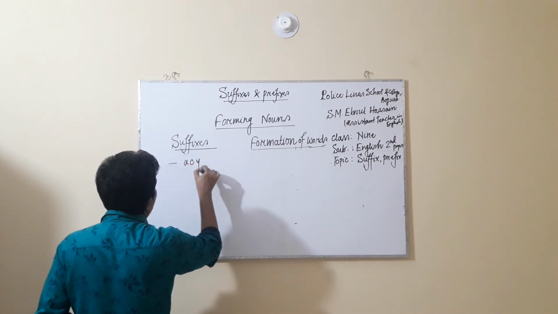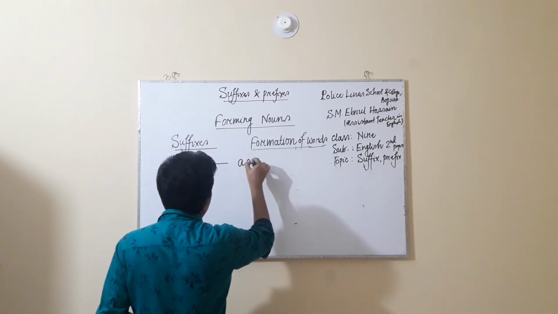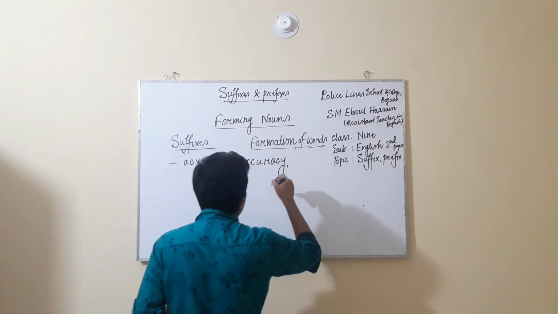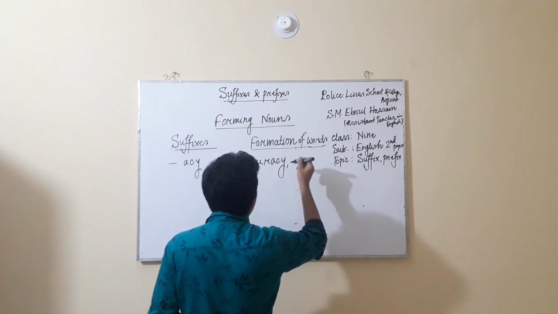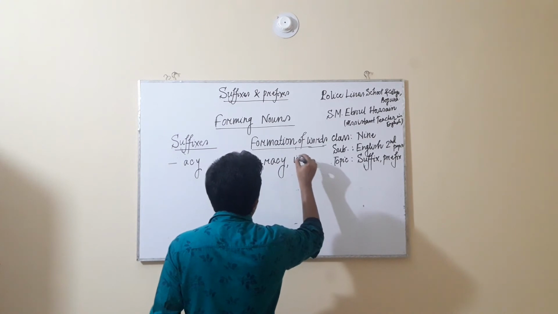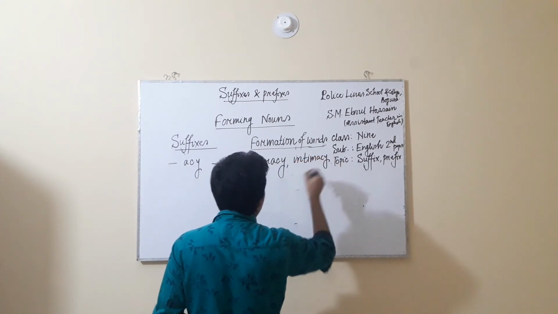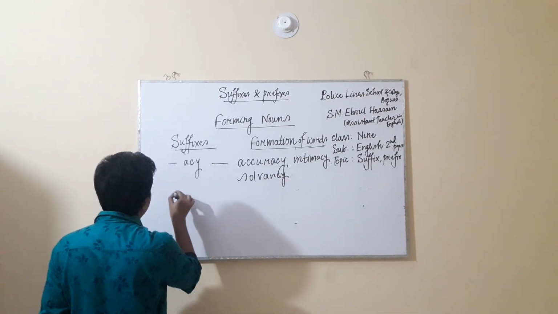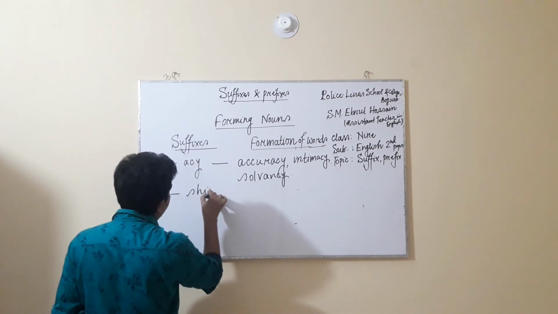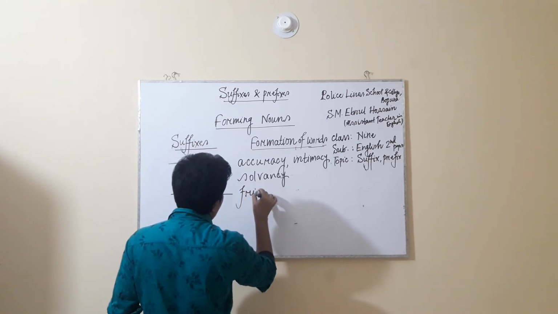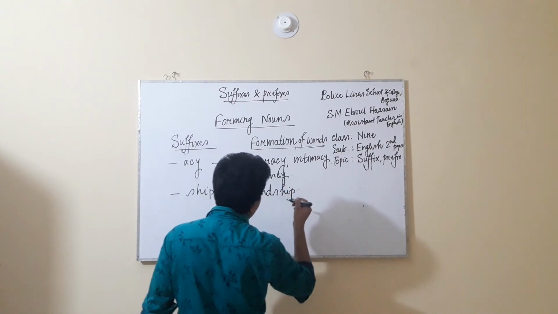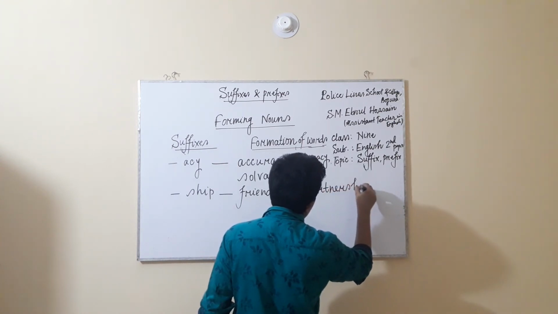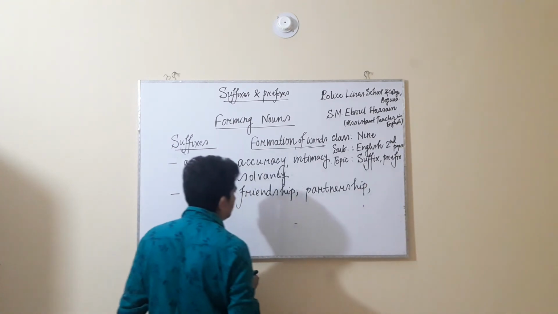ACY: accuracy, intimacy, solvency. SHIP: friendship, partnership, leadership.